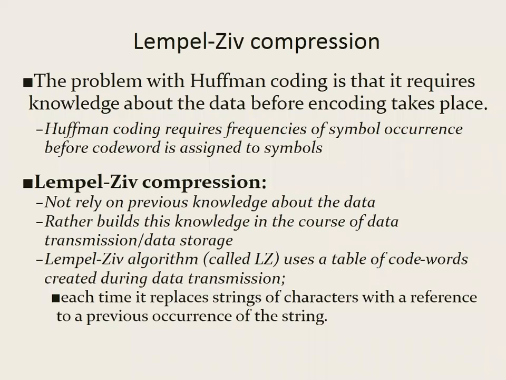The first step is calculating the probability of occurrence of every symbol. The second step is to apply the algorithm for compression. But in dynamic adaptive coding, of which Lempel-Ziv is one, it only follows 1 step. There is no need of calculating the probability or frequency of occurrence of every symbol.